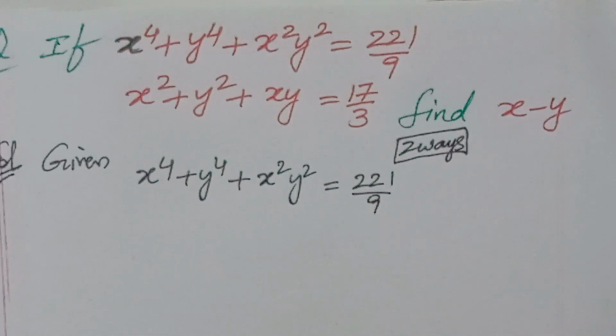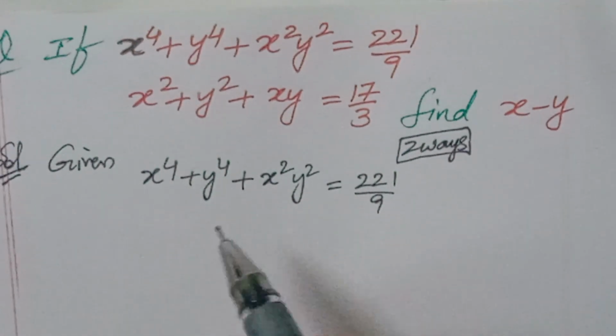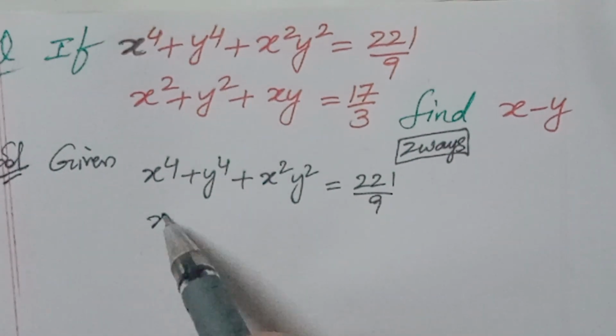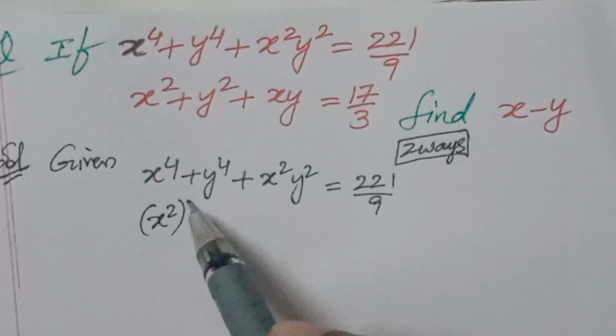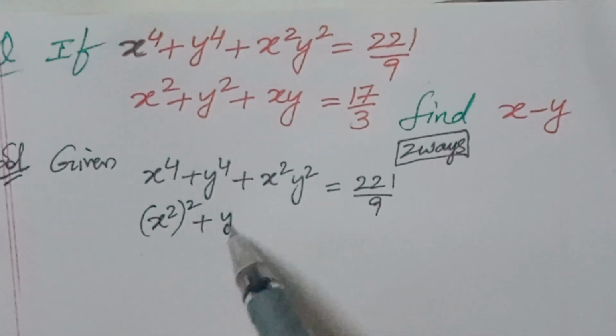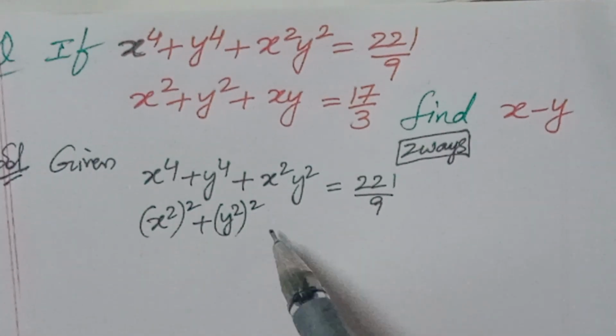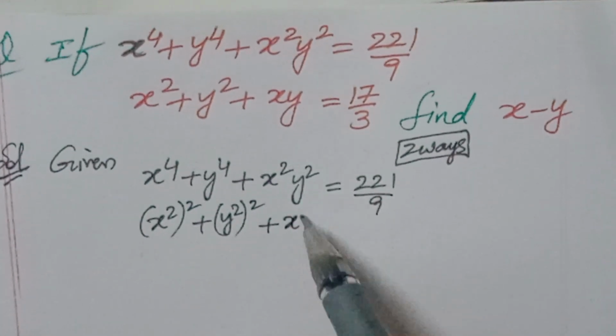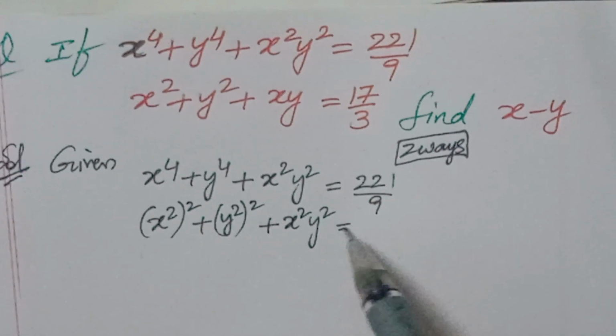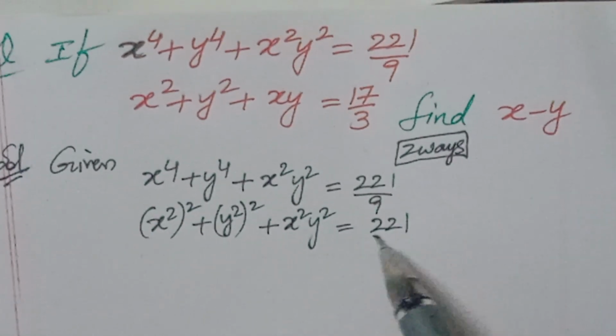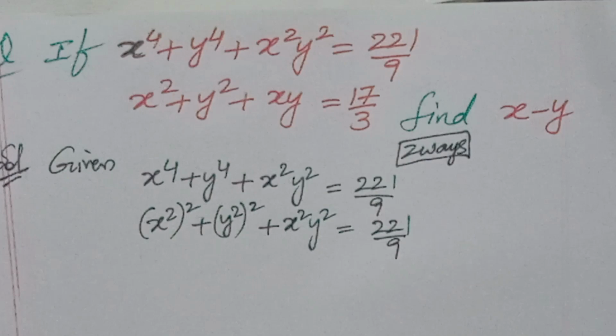First of all, you can write (x square) whole square plus (y square) whole square plus x square y square is equal to 221 by 9.